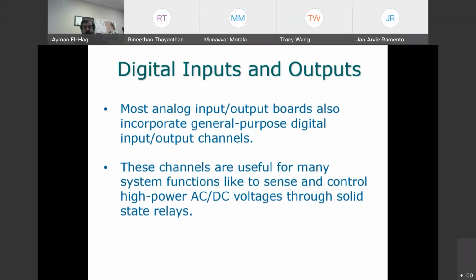Now, you want to automate the process of irrigation. Once it reaches a certain level of dryness, you want to turn on a pump. But you don't want to do it yourself. You want the controller, the microcontroller, to do that. So how does it do that? It will send a digital output to turn on the pump, to make it work, and continuously measure the moisture.